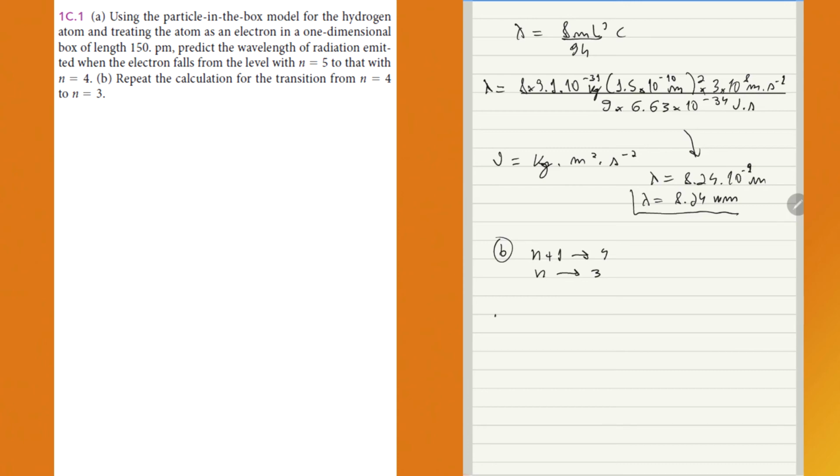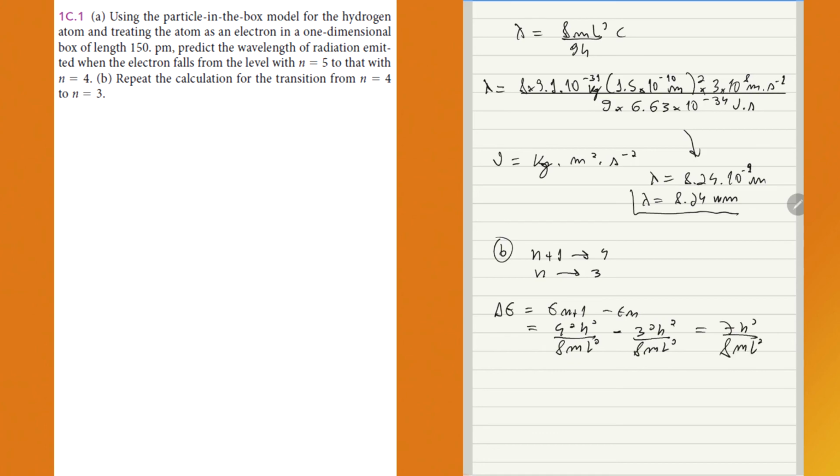So the delta E, the variation of energy, equals the energy of n plus 1 minus the energy of n, which is 4 squared h squared over 8 m L squared minus 3 squared h squared over 8 m L squared, and this equals 7 h squared over 8 m L squared.